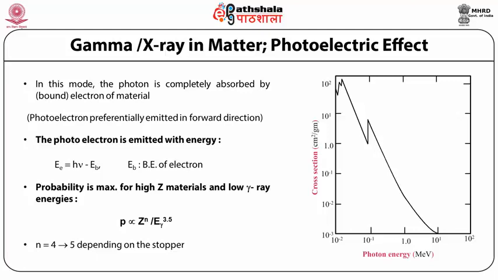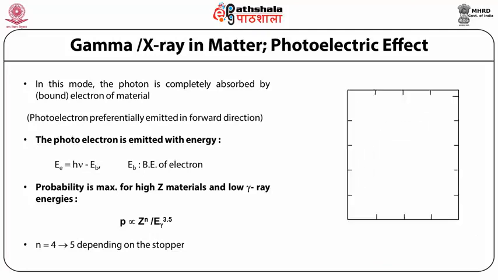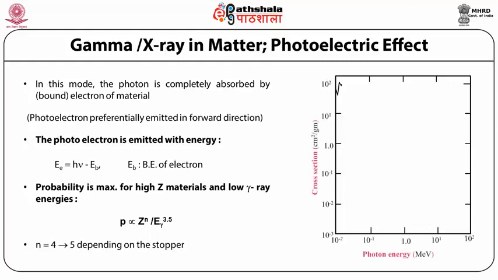For gamma energies less than around 200 keV, the photoelectric absorption is more, and the probability of photoelectric emission is proportional to Z to the power n upon E gamma to the power 3.5, where Z is the atomic number of the absorbing medium, that is the material of the detector, and E gamma is the gamma energy of the incoming photon. Here n ranges from 4 to 5 depending upon the absorber.